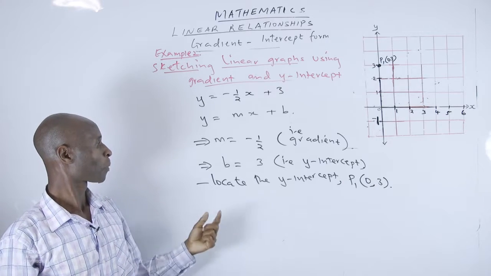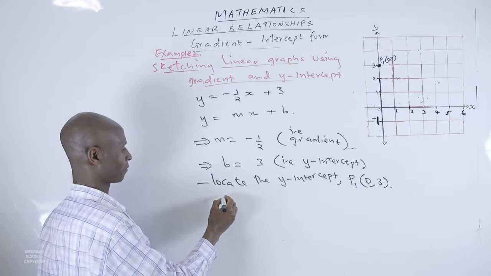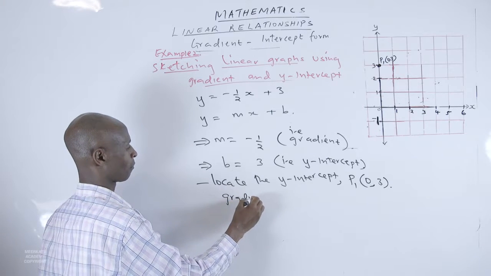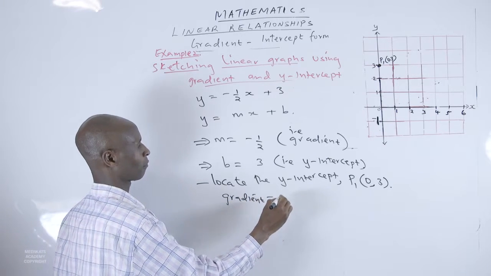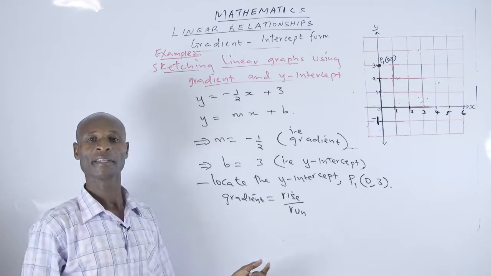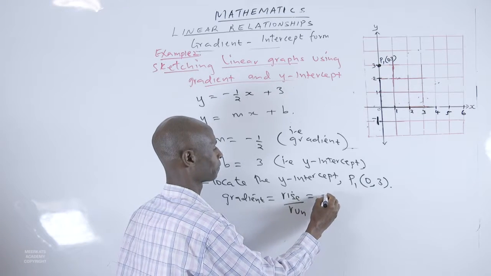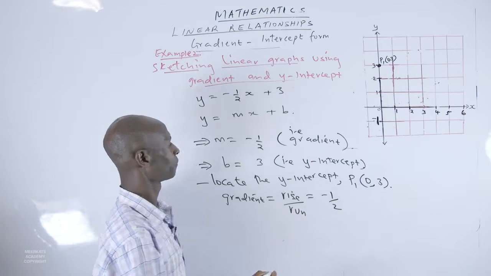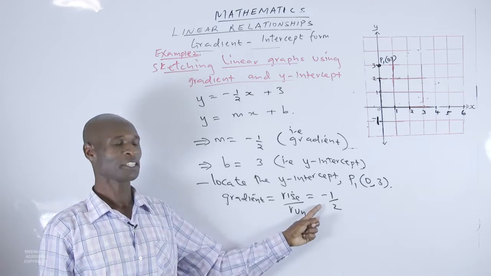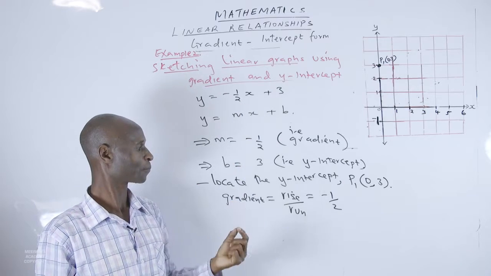Then, we now look at the gradient part. We said the gradient is rise over run, which is equivalent to -1/2 in our case for this particular relation.